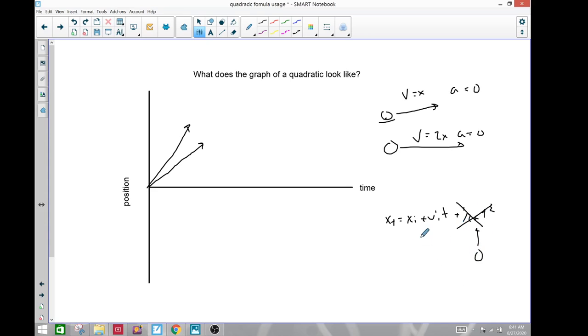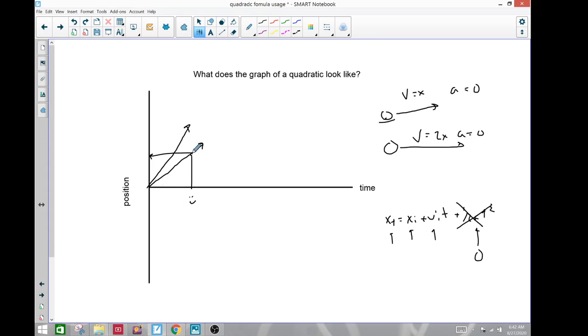I can just put in my initial location and my location at the end, put in my initial velocity, and solve for time. All I'm really doing is picking a time and asking, at this time, what is my current location? This is literally a linear situation, a y equals mx plus b situation. Nothing new here. But what if we have an acceleration?